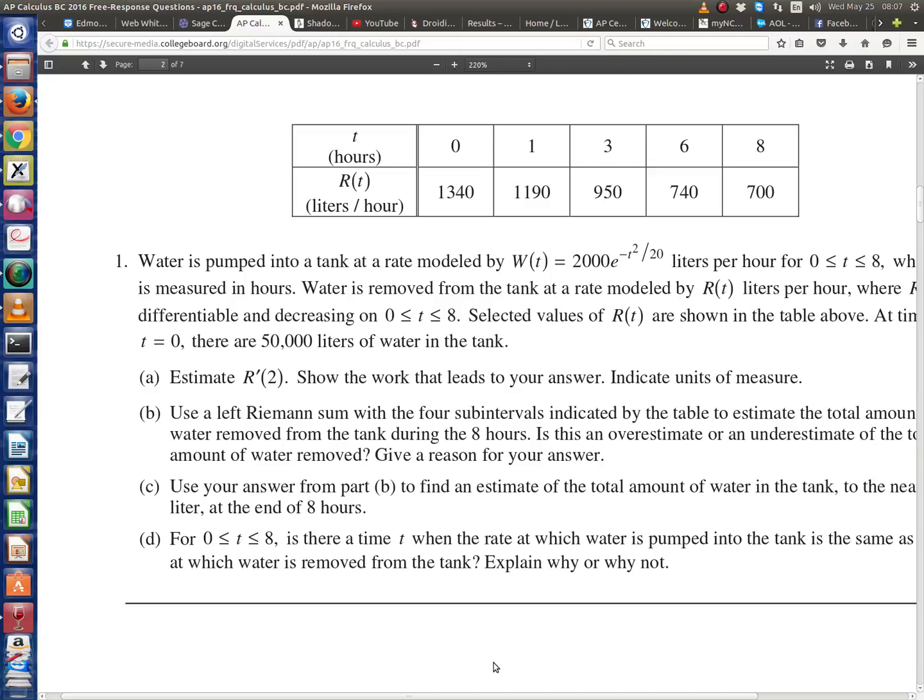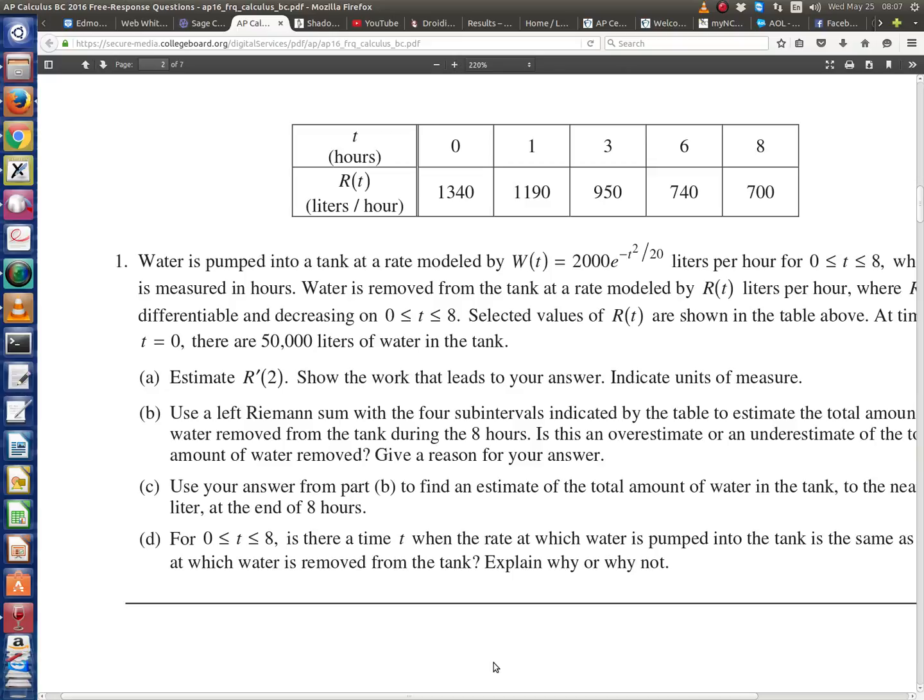Okay, so if there's a W max and an R max, W max minus R max is the maximum value of W minus R. What I want to know is when W minus R is 0, if ever. When is W equal to R? When W minus R is 0. So if I can get a max value of W minus R that is positive, and a min value of W minus R that is negative, then W minus R must be 0 someplace.